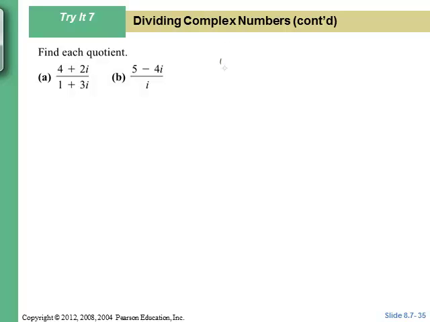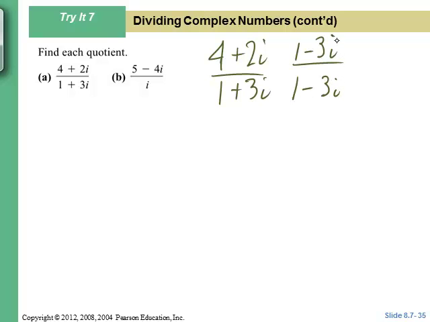You ready? First one is 4 plus 2i over 1 plus 3i. Multiply top and bottom by 1 minus 3i. And we get 1 minus 9i squared, which is the same as negative 9, so that's 10. 4 is the first.